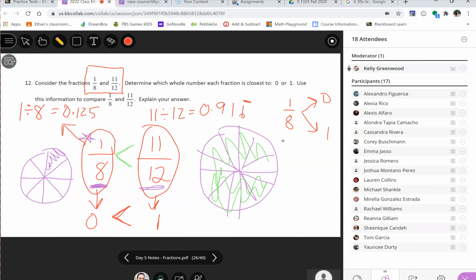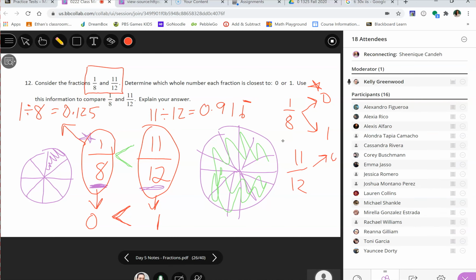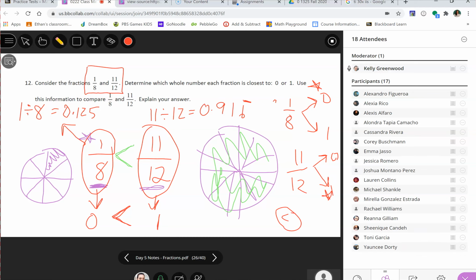So you'll answer part A and say it's closer to 0. Then part B will say, is 11/12 closer to 0 or closer to 1? So it's closer to 1. And then part C will just have you compare them. So I just want you to be prepared for that. Any questions on the thought process between comparing numbers to 0 or 1?